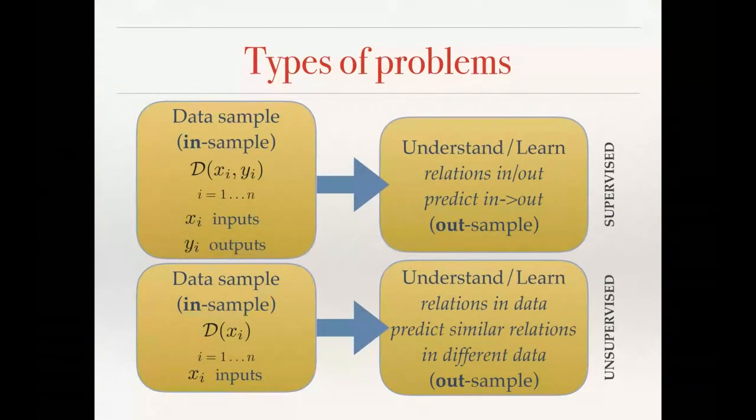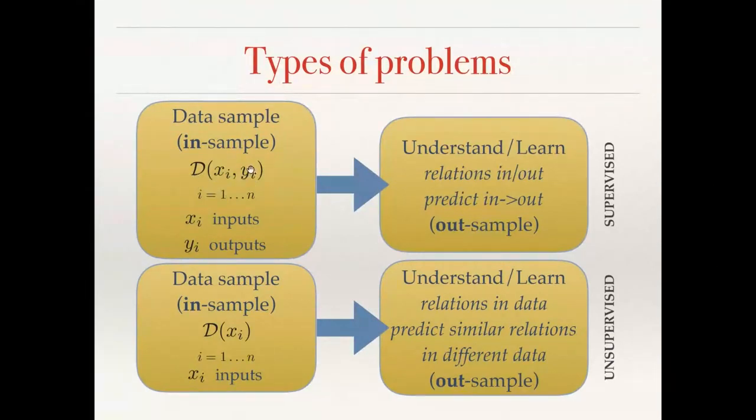Let's move into more generic things that you need to learn, more language if you want. Then in machine learning, there are roughly two types of problems. One type of problem, and it's the typical one that we encounter in physics, is a supervised problem where you are learning from data. You know that given some input, you get some output.